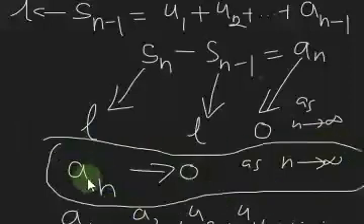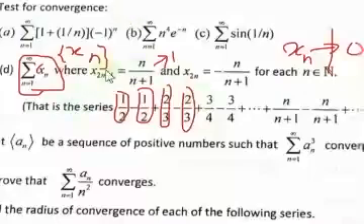So this means all subsequences of a_n converge to 0, not to any other value, 1 or non-zero value, right? So in the problem here, we have two subsequences of this sequence.